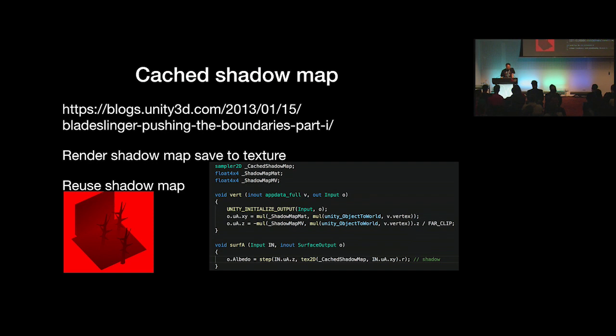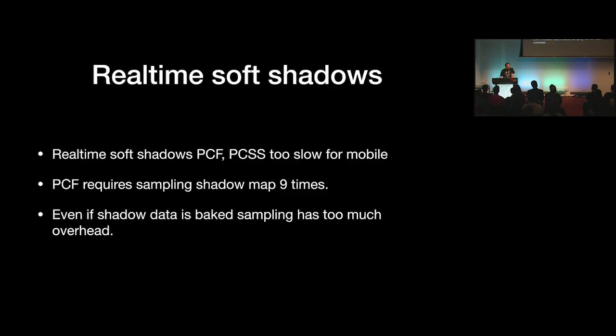So one thing with shadow maps on mobile devices, I think Metal has some features for this, but it's hard to do real-time soft shadows. Real-time soft shadows can be things like PCF and PCSS. PCF, percentage closer filtering, is basically a way to simulate soft shadows by sampling a bunch of shadows around a specific point, then averaging them.